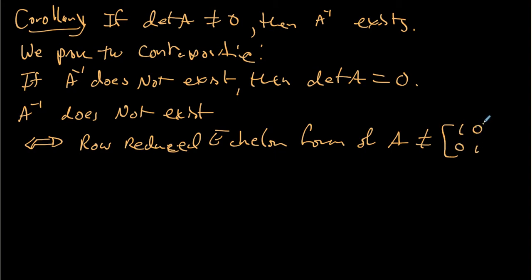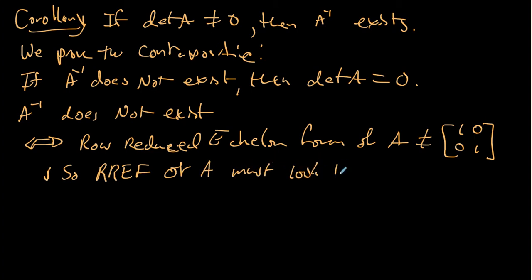And since we're dealing with 2 by 2 matrices, it means that A does not row reduce down to the 2 by 2 identity. Now, there are only a handful of different things that the row reduced echelon form might look like. And so what this says is that the row reduced echelon form for A must look like one of the following matrices.